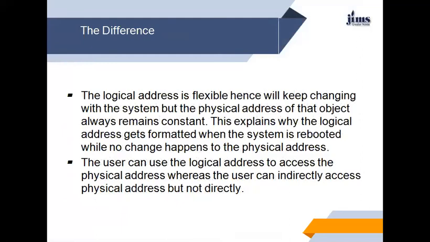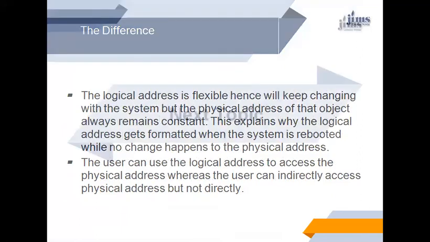The logical address is flexible and will keep changing with the system, but the physical address of an object always remains constant. This explains why the logical address gets reformatted when the system is rebooted while no change happens to the physical addresses. The user can use the logical address to access the physical addresses, so the user can access physical addresses indirectly but not directly.